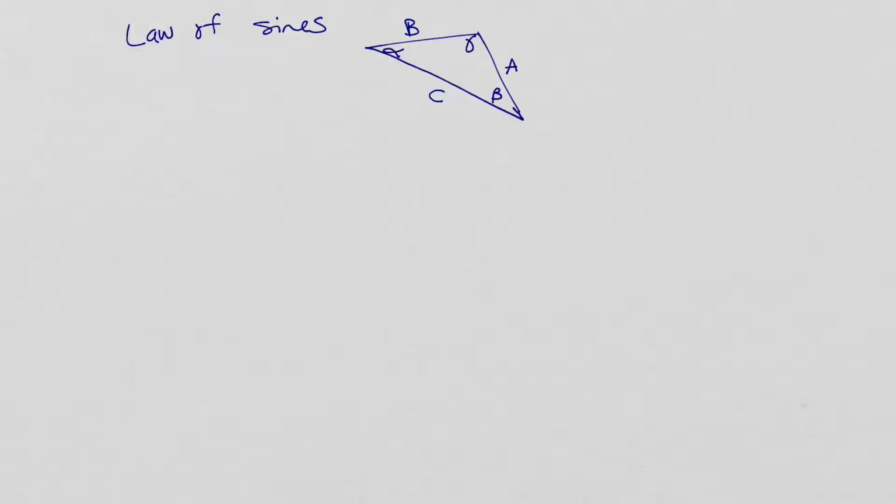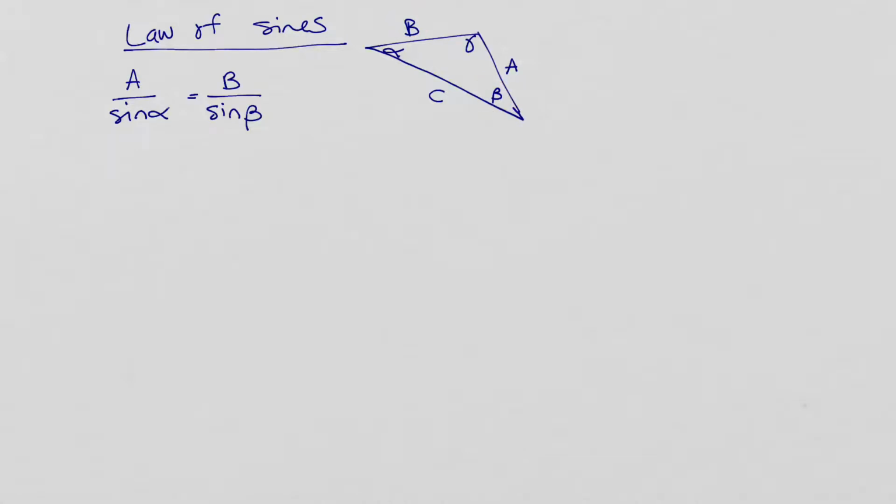For the law of sines, basically we have A over the sine of alpha. So A over the sine of the angle that's across from it equals B over sine of beta. So that's this one over the sine of the angle opposite.